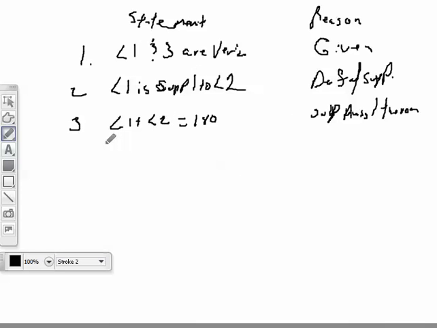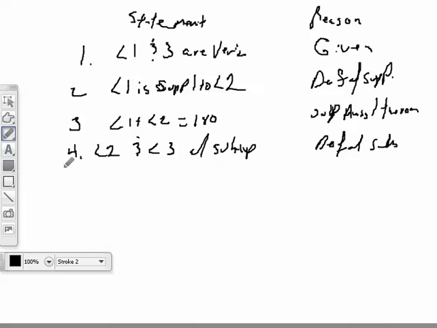Well, if 1 and 2 add up to 180 degrees, guess what? I could also say that angle 2 and angle 3 are supplementary. Why? Well, that's the same definition of supplementary.